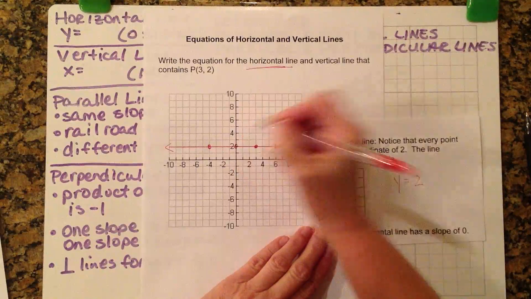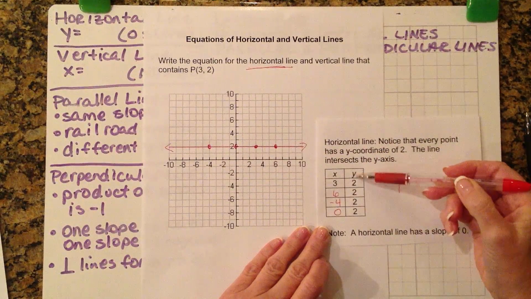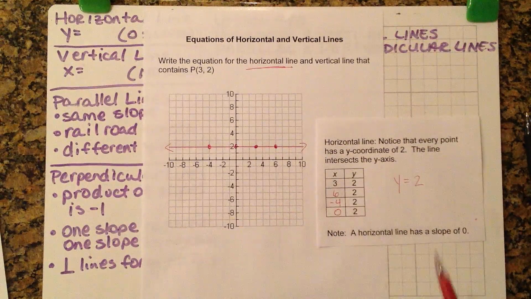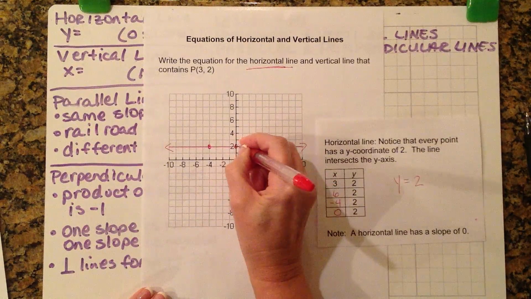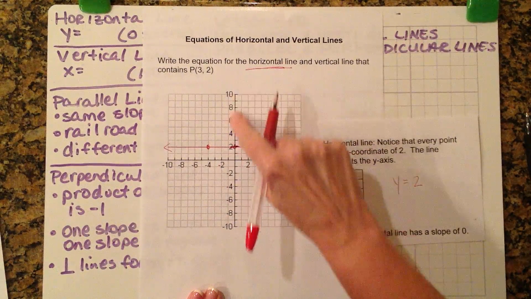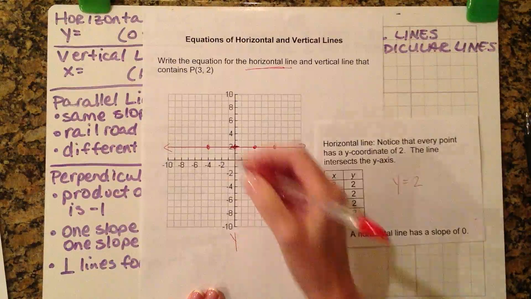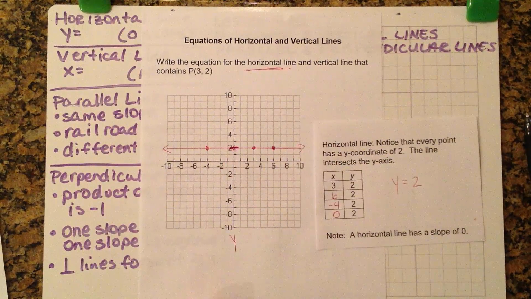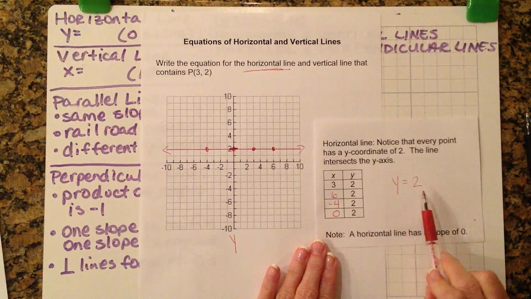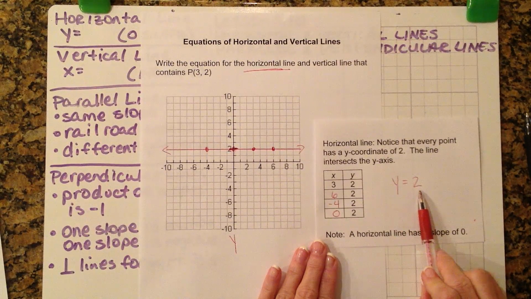If you notice, every value of your y-coordinate is 2. And the line intersects the y-axis. This is the y-axis right here, and it's intersecting it. So a horizontal line is going to be y equals 2.